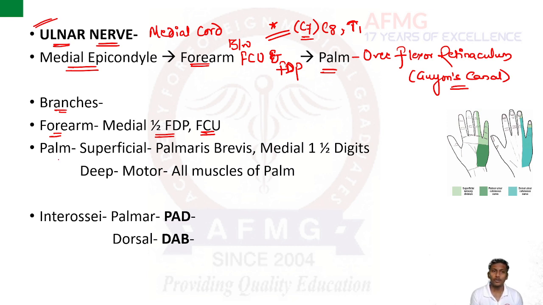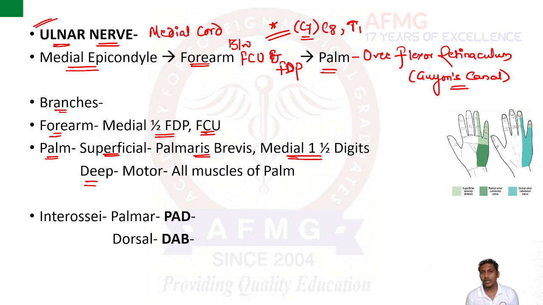Whereas if I talk about the palm, once the ulnar nerve enters the palm from the Guyon's canal, usually it has two branches again, a superficial branch and a deep branch, right? The superficial branch of ulnar nerve will innervate the palmaris brevis and it is also responsible for sensory innervation of the medial 1.5 digits.